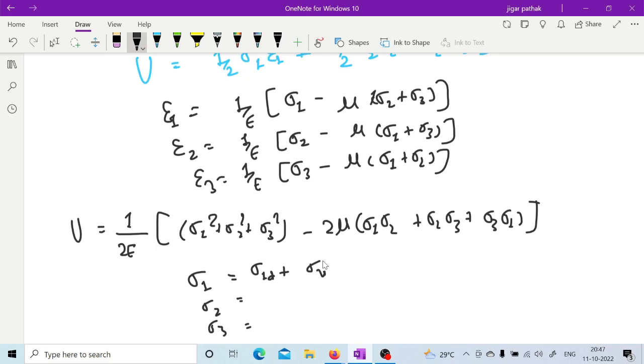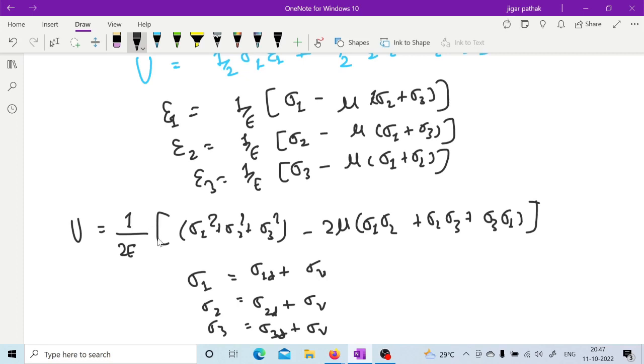So the deviatoric component and the volumetric component will be there for each stress. So sigma 1, sigma 2 and sigma 3 will each have these components. The deviatoric stress is going to be responsible for the plastic deformation.